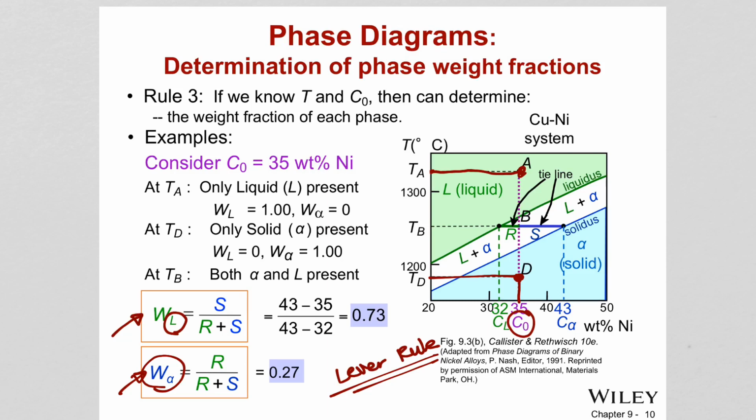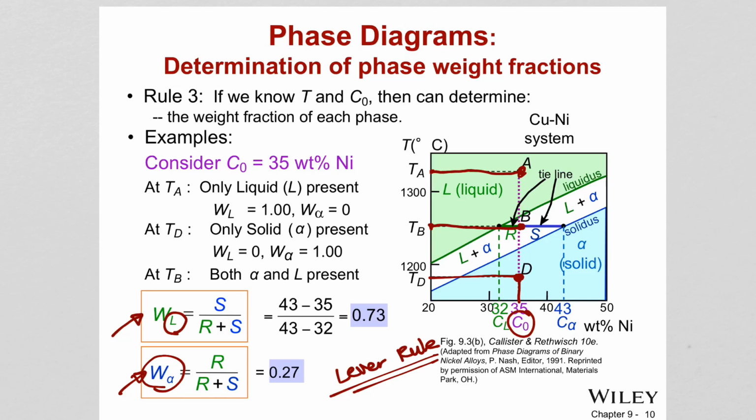So if we are at point B, at that temperature, we have two phases, liquid and alpha. What do you need to do to calculate the weight fractions of each phase? Let's say you want to calculate the weight fraction of the liquid.